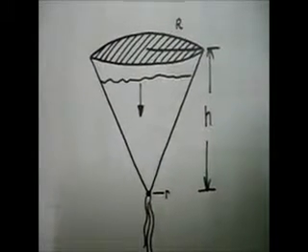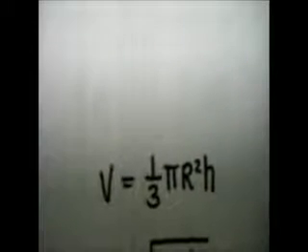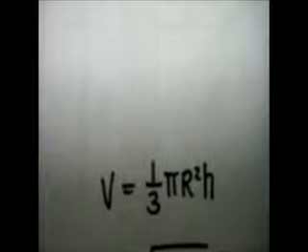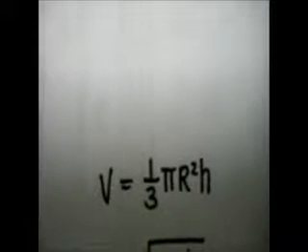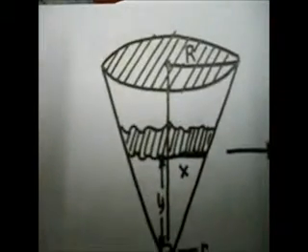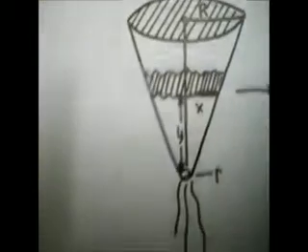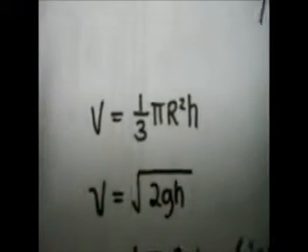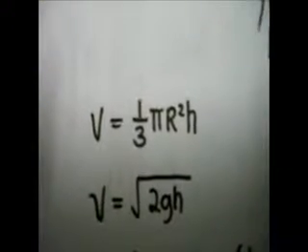drain completely? So from the given formula of a circular cone, we have V is equal to 1/3 pi r squared h. So this is the volume. And v is equal to the square root of 2gh.